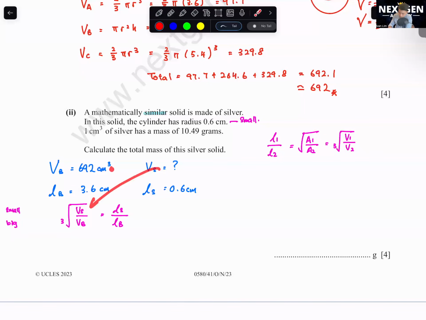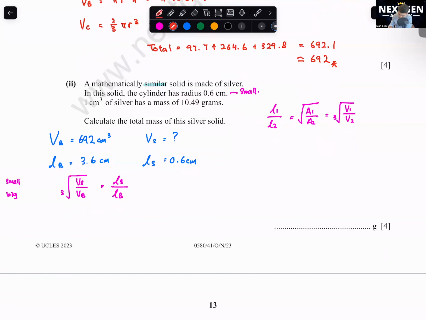We now just fill in the blanks. V big is 692, length small 0.6 over 3.6. I want you all to rearrange it and type this into the calculator. When you use this way, it is confirmed correct, and you don't confuse yourself. Here is 1 over 6.